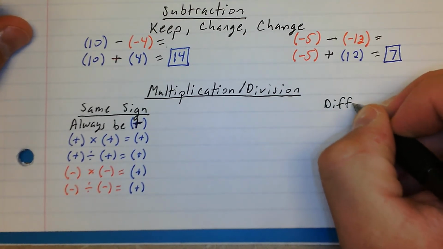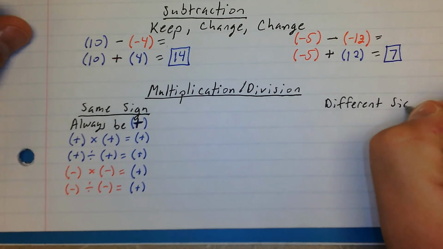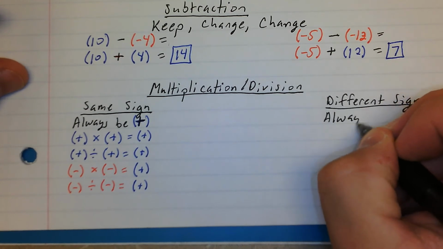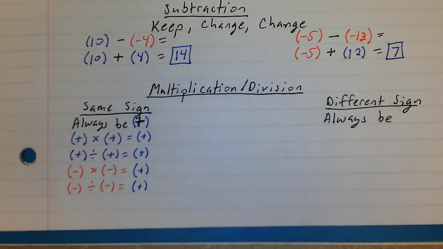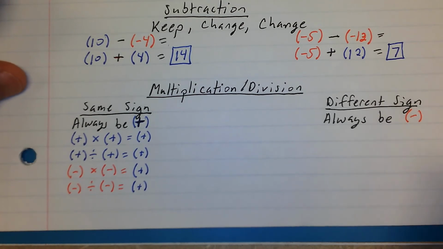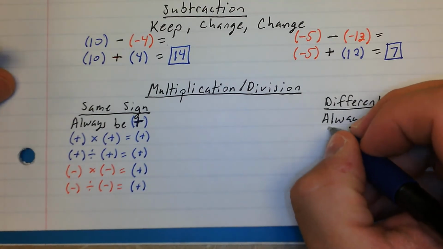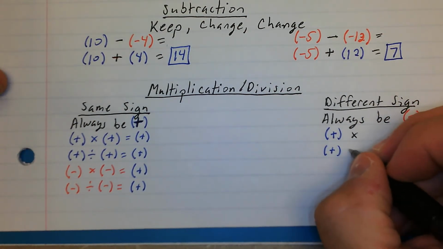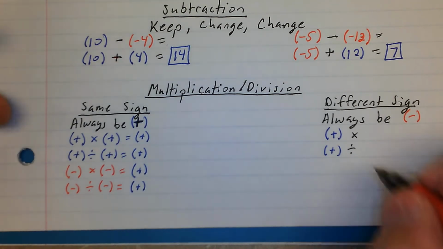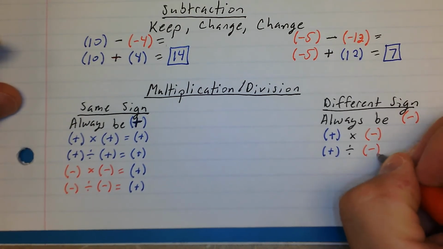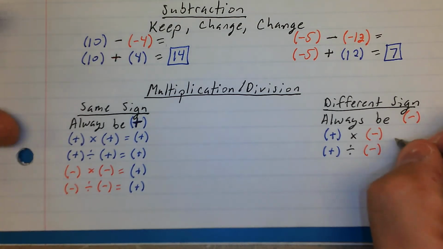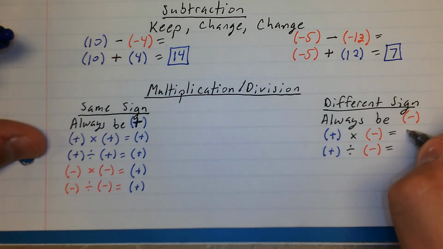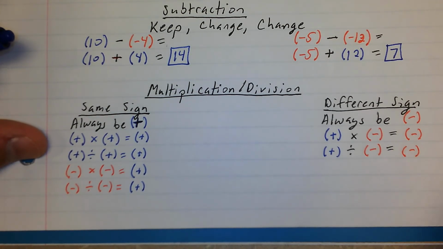If the two numbers have different signs and they're being multiplied or divided, then my answer will always be negative. So, for example, if my first number is positive, and I multiply or divide it by a negative number, it does not matter whether I multiply or divide, the answer will still be negative.